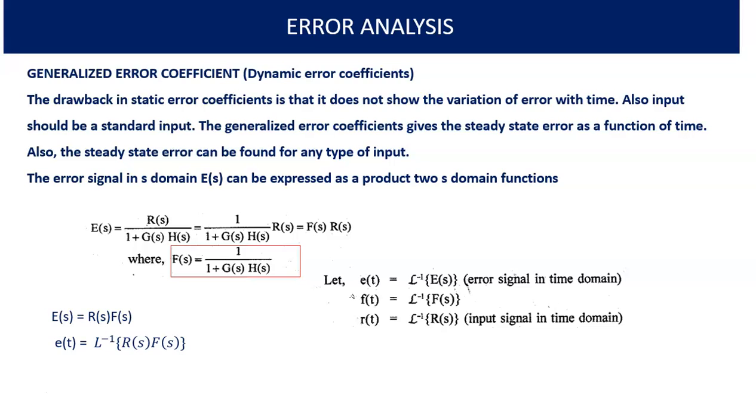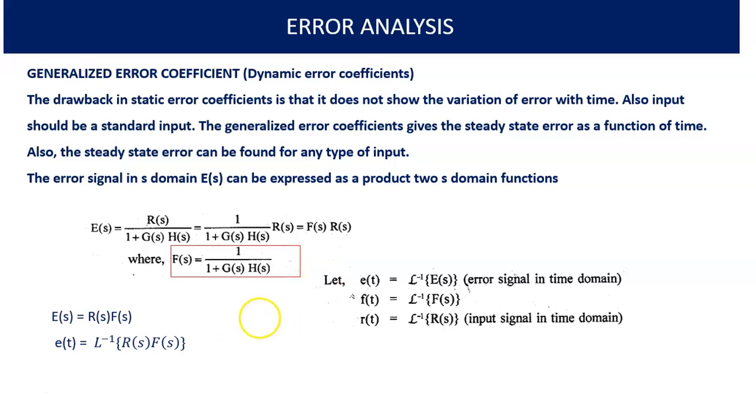But the drawback is that it does not show the variation of error with time. Also, input should be a standard input, step, ramp or parabolic. So the generalized error coefficient gives the steady state error as a function of time. Also, the steady state error can be found for any type of input.